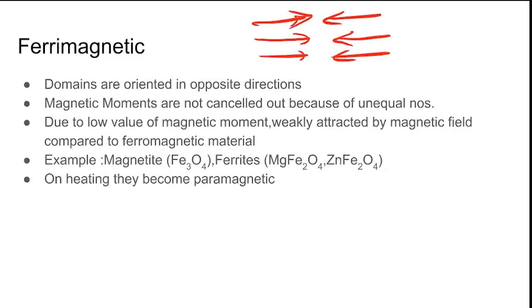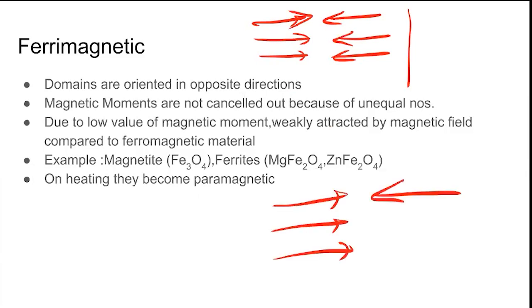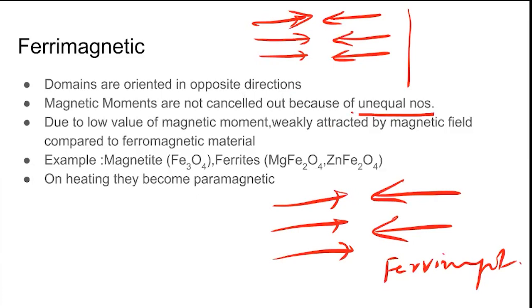But suppose you have 3 on this side and 2 on this side. This becomes ferrimagnetic. They don't cancel out because of the difference in number, because you have unequal numbers.